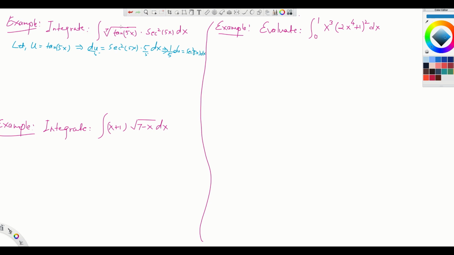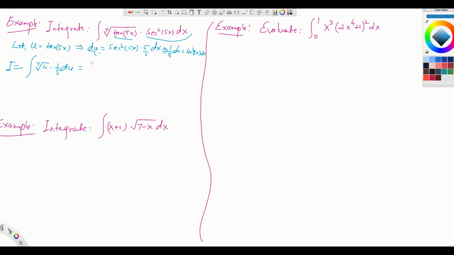You see that? So secant squared 5x times dx is 1/5 du, and this will be the 7th root of u, right? Therefore let's write the whole integral I equals the 7th root of u and then times 1/5 du, right?